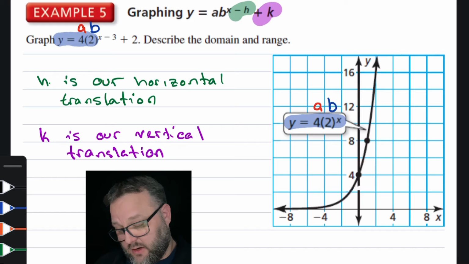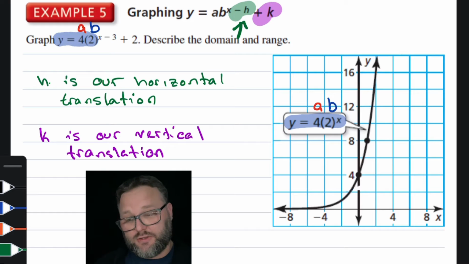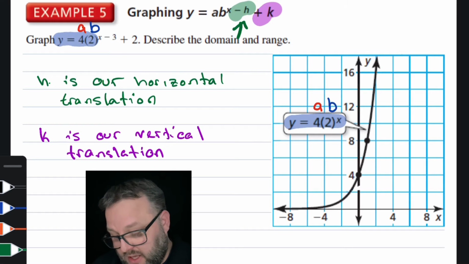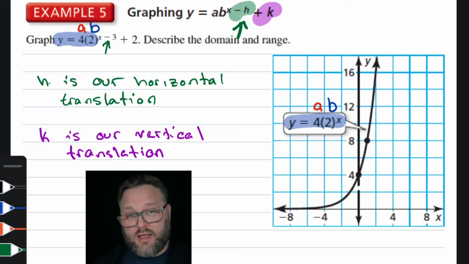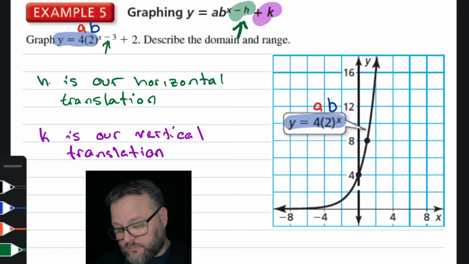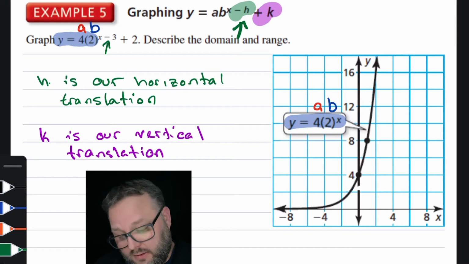Our standard says that H is our horizontal translation, but we also have to be subtracting H, which means because my subtraction is occurring in our baby function, that's actually a positive translation. With that in mind, let's say I start here at 4.